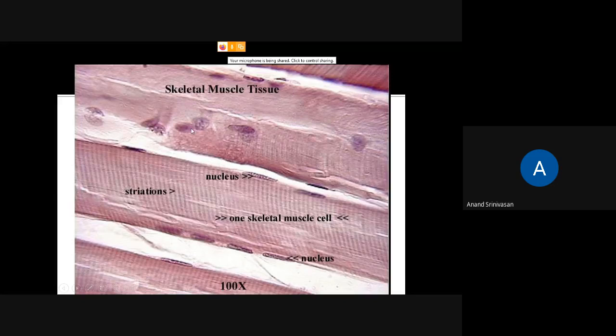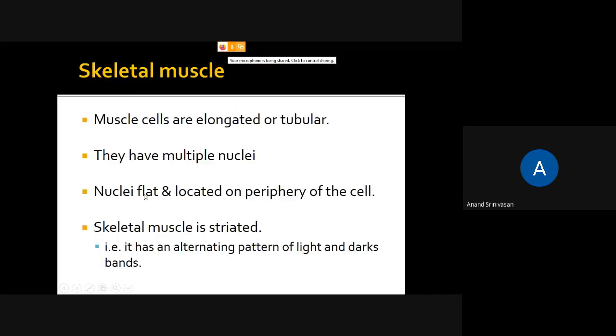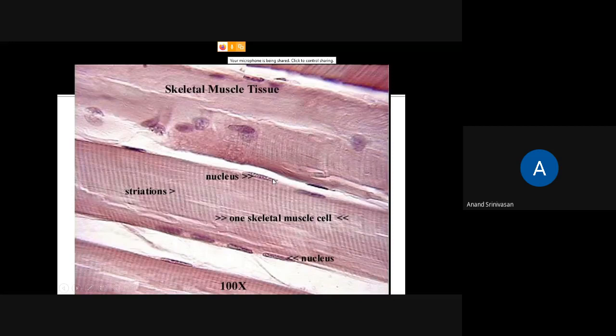You can see here there is a large number of nuclei. The nuclei are flat and located on the periphery of the cell. Here you can see the nucleus is located in the periphery. Periphery means near the end.